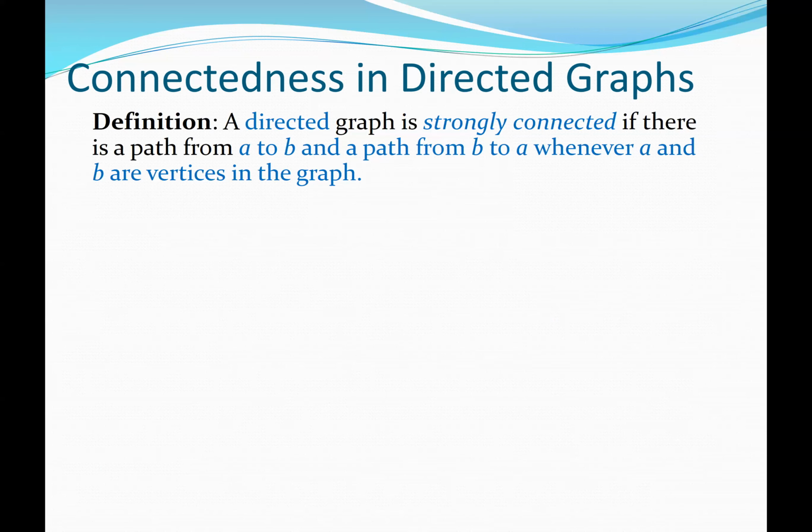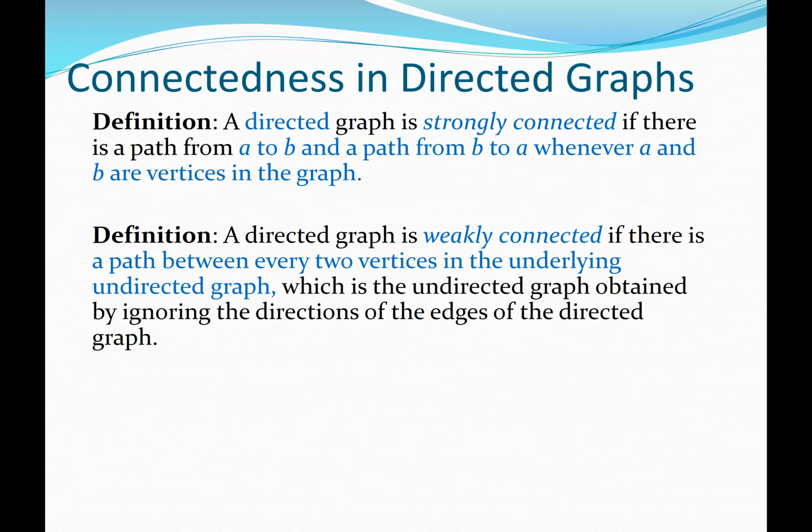So how do we define weakly connected? A directed graph is weakly connected if there is a path between every two vertices in the underlying undirected graph, meaning that if we ignore all the arrows, going from A to B or C to A, then you can still find a path.